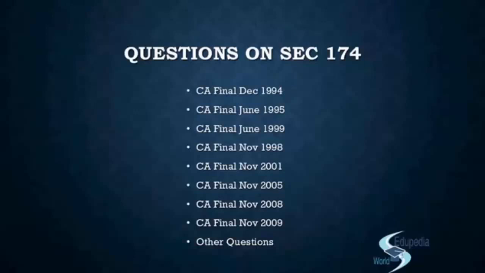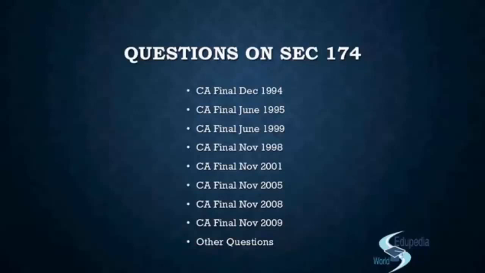If I try to bring it back to your mind, while we were discussing the questions on section 173, not in the immediately previous lecture, we discussed a similar case, right? But that was regarding only the limits of the meeting, and over here we are discussing it regarding the quorum requirement. In the first case, the quorum was not present in the original meeting, but it was present in the adjourned meeting.